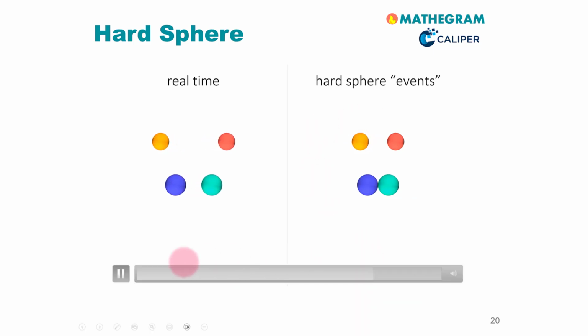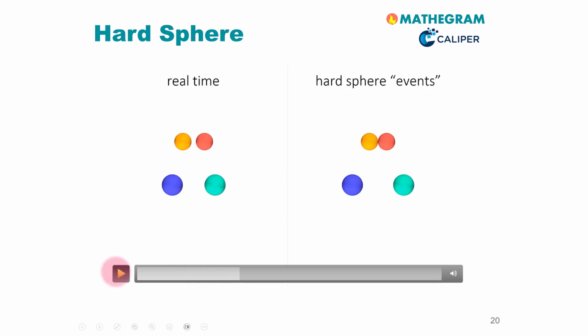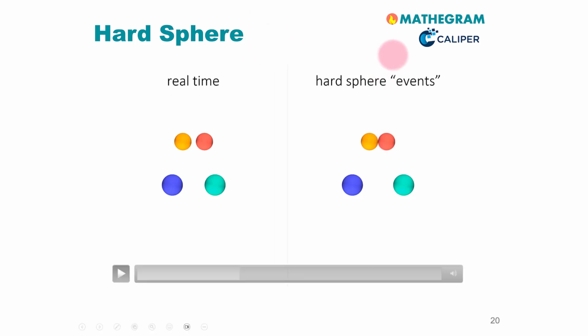So what you have seen now is that the hard sphere method essentially just changes the particles' positions and velocities. The velocities are not indicated here, but it's the case. They just change the positions and velocities at the collisional events. That is why the hard sphere method is also called an event-driven simulation or event-driven DEM.